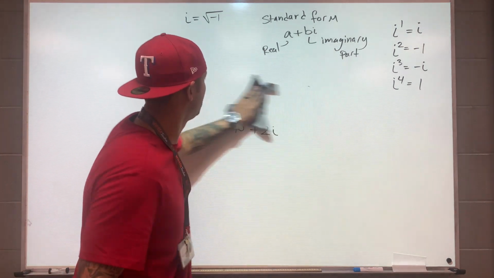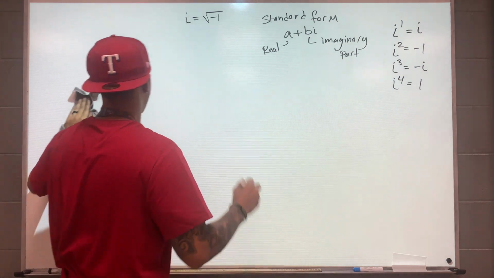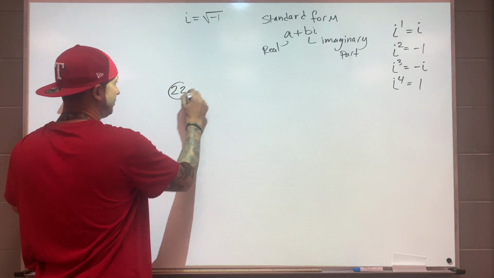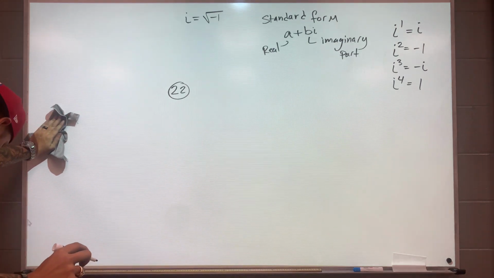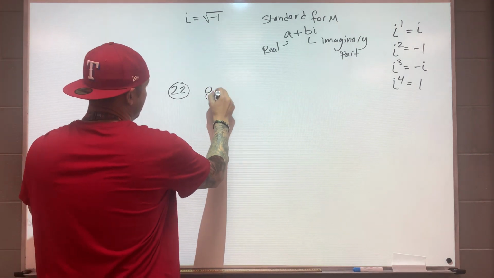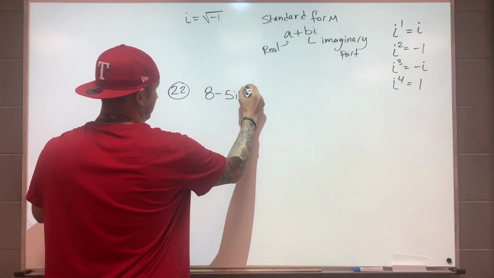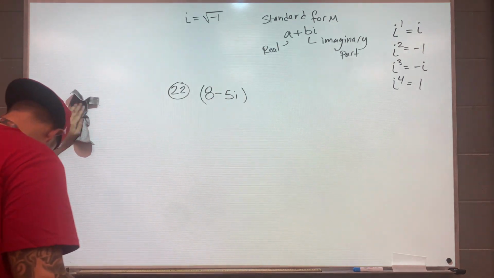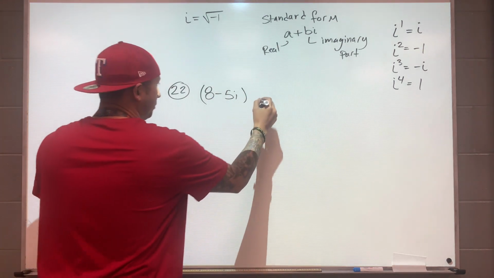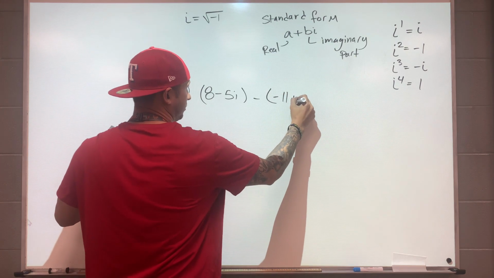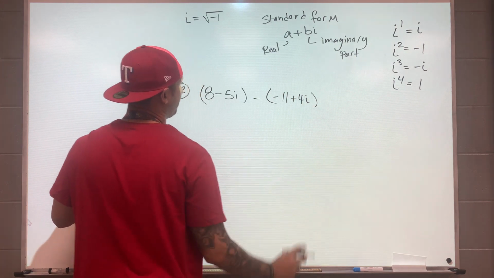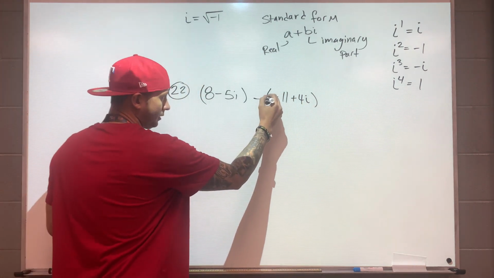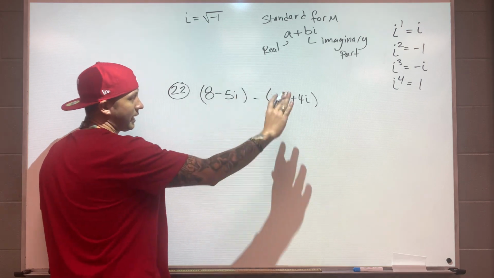22. Eight minus 5i. Negative 11 plus 4. Okay, so here, this is negative, right? We just can't combine like terms.